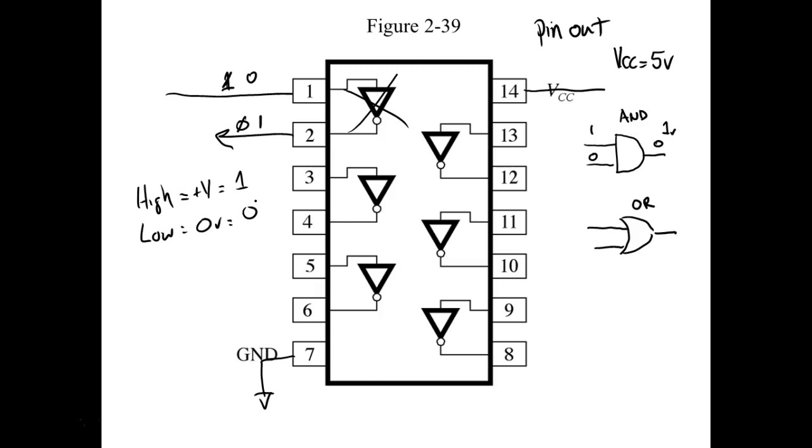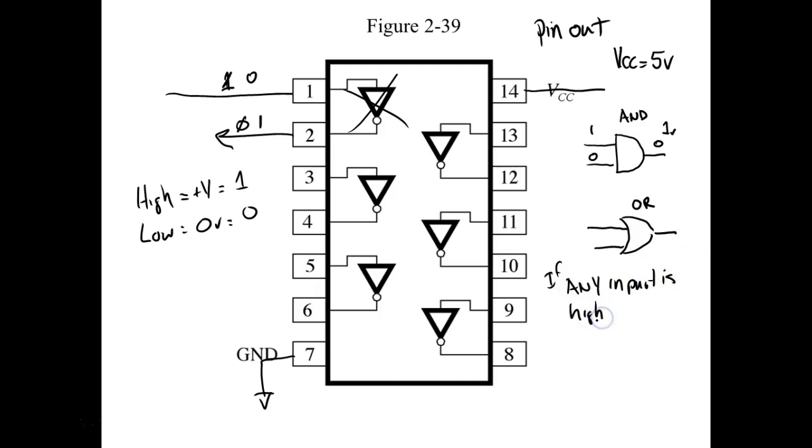So that makes sense now, right? All inputs for an AND gate have to be high to get a high on the output. Well, here for an OR gate I'm going to say any input that is high gives you a high output.